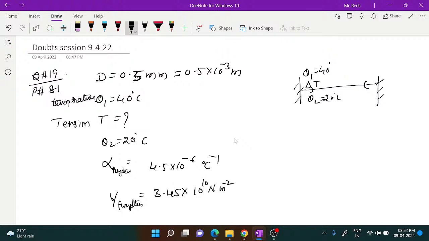You know Young's modulus Y is equal to F L by A into delta L. Here F is the force which produces the stress.